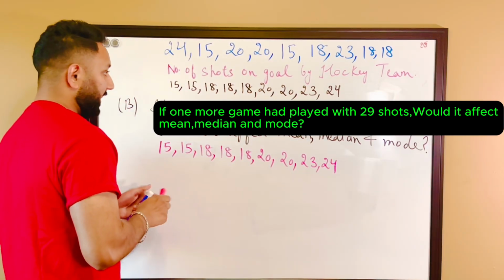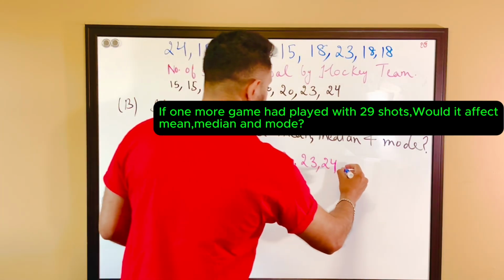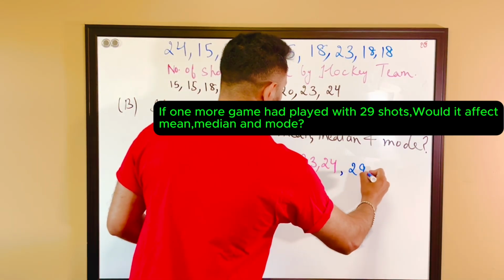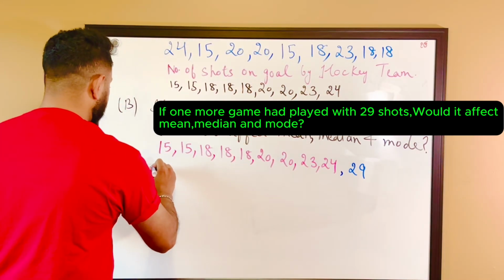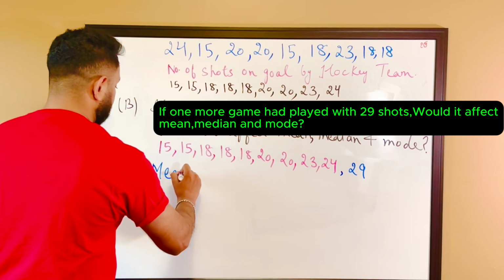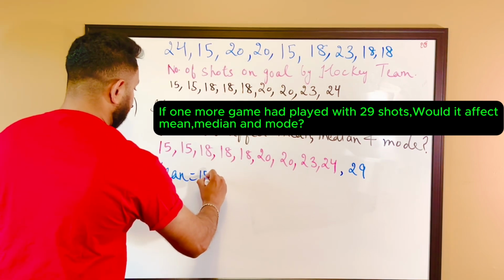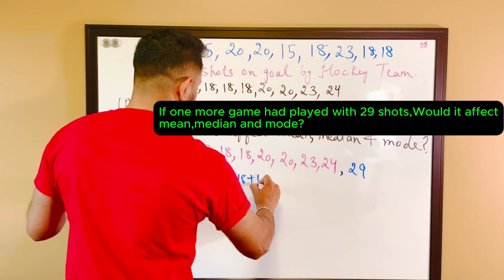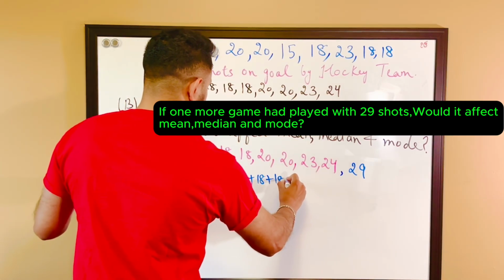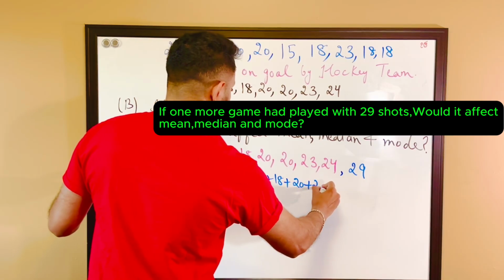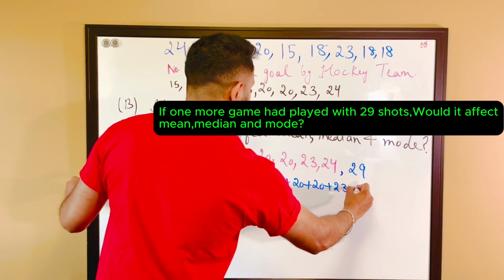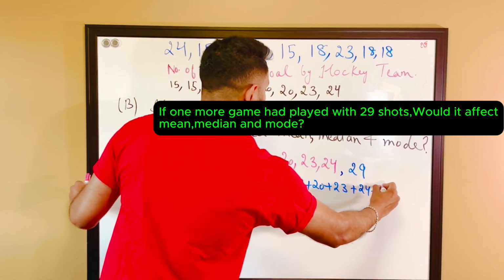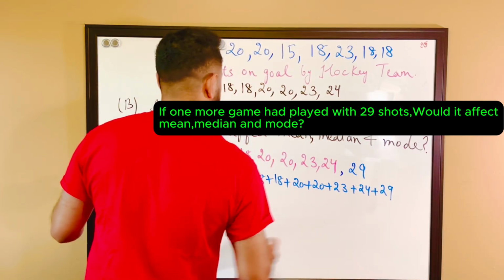So now we're gonna add 29 also. So let's calculate mean. So 15 plus 15, 18, 18, 18, 20, 20, 23, 24 and 29, the added number.